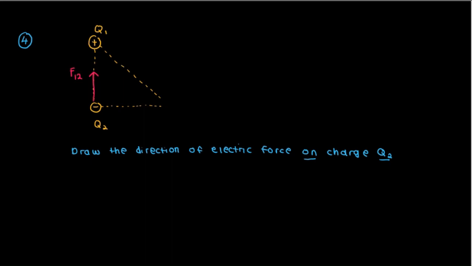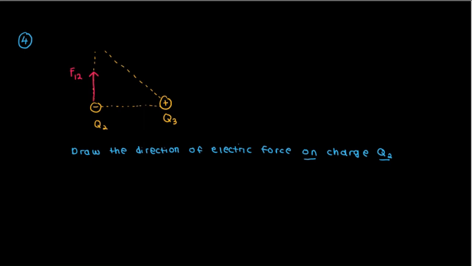Okay, and then we want to draw the direction of force Q3 on Q2. So just rub this out first. Okay, we draw back the charge Q3 just now. Now we want to draw the direction Q3 on 2.